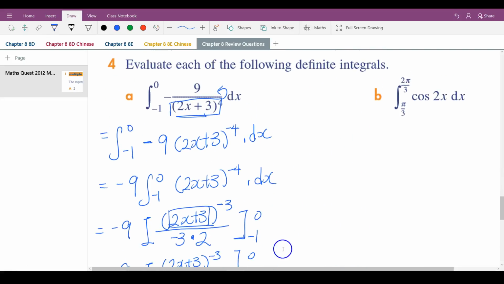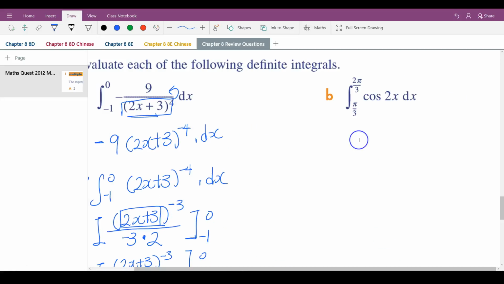Alright, let's head over to B. We're integrating from pi over 3 to 2 pi over 3 the function cos 2x, with respect to x. Nothing we can simplify here, so let's go straight into integrating.